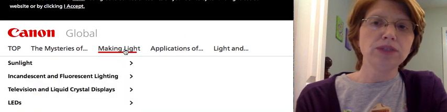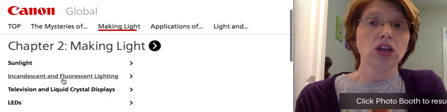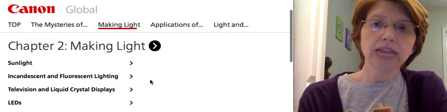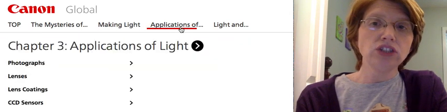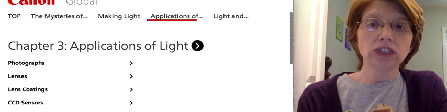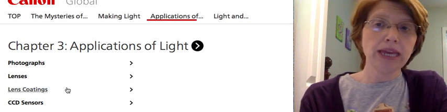So chapter 2 is making light. So the different kinds. So we have sunlight, LEDs, laser, incandescent and fluorescent lighting. Now, if you go to applications, applications are what is actually being made.